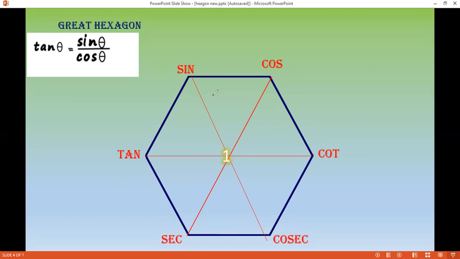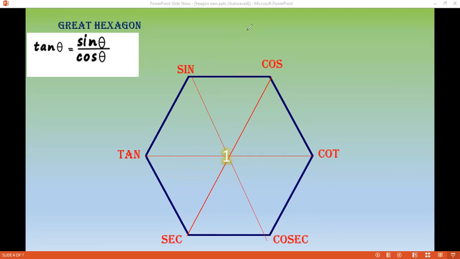Right part means, if you take this as the central part, this is the right part, right? So all the right parts should be cos, cot, and cosec. So all start with C. Okay, understood? Like this, you have to frame your hexagon.